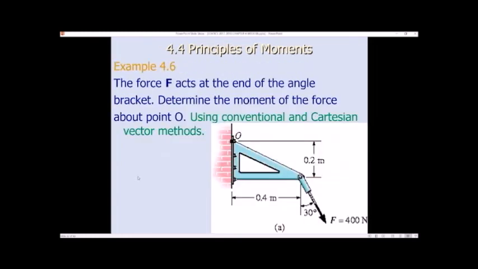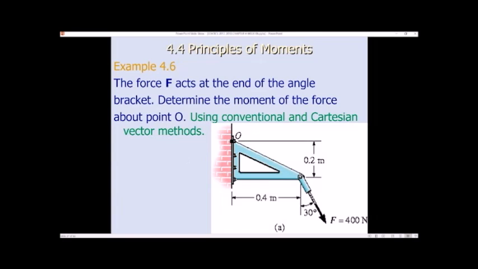Okay, consider this example. The force F acts at the end of the angle bracket. Determine the moment of the force about point O using conventional and Cartesian vector methods.